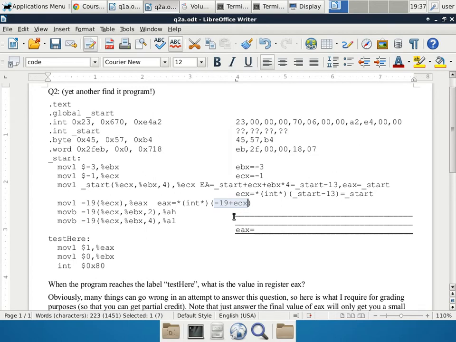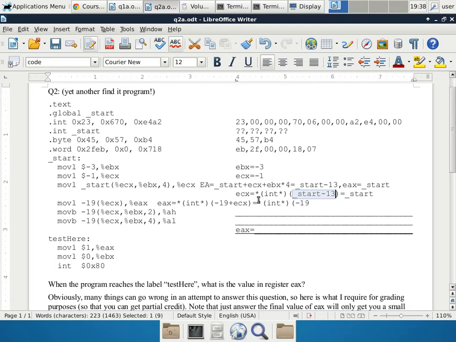The next stage is to figure out what exactly is ECX. ECX at this point has a value of underscore start and not underscore start minus 13. Quite a few people mistook the first instruction and say that ECX ends up with underscore start minus 13. No, it does not.